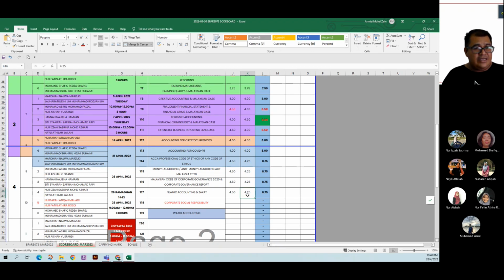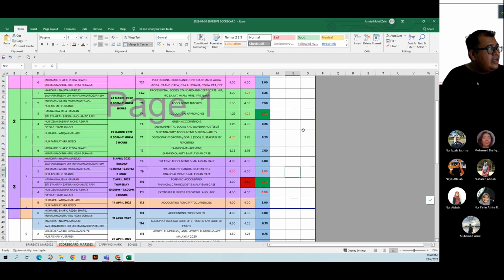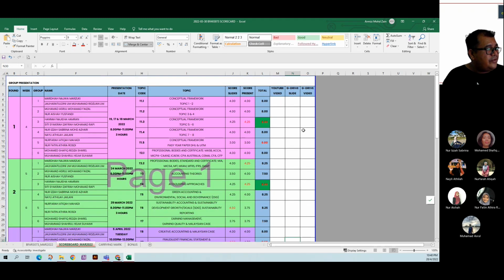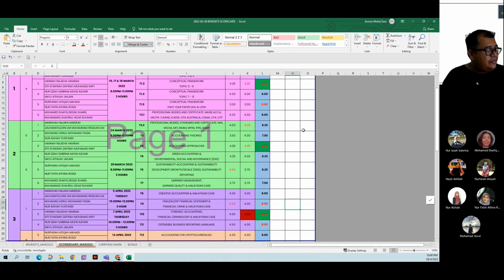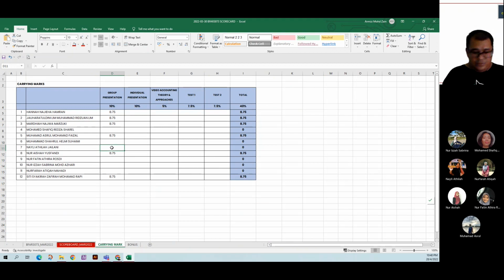Yang ni 4.25 ni, which is the highest pun 4.5. 4.5 ni Siti Syakira Zafirah, the highest 4.5 ni. And then seorang sekali je 4.5 ni keluar. So second is 4.25, which is good lah for me. Okay, so you punya overall 8.75. Okay, ini overall you punya overall ya.